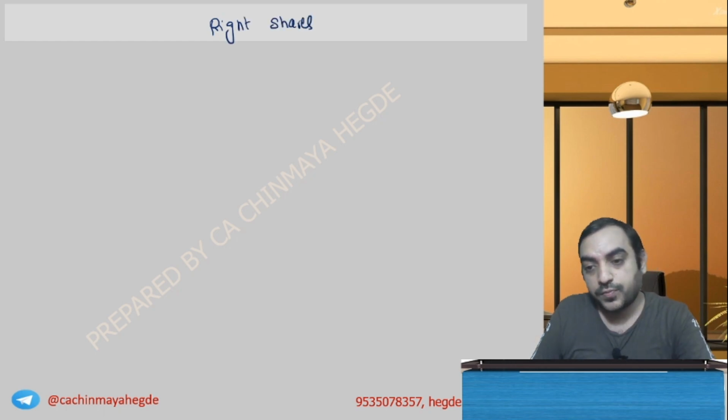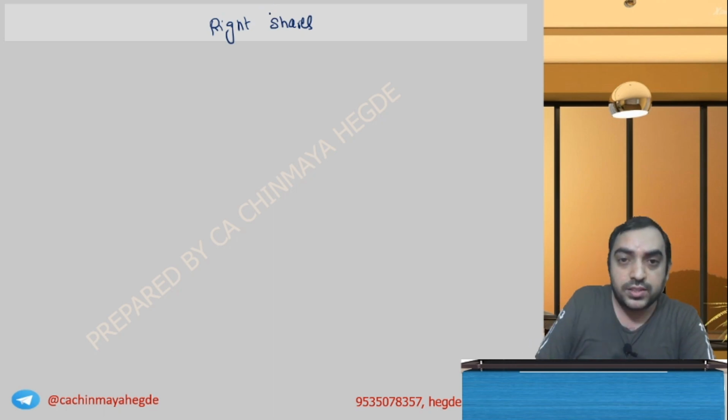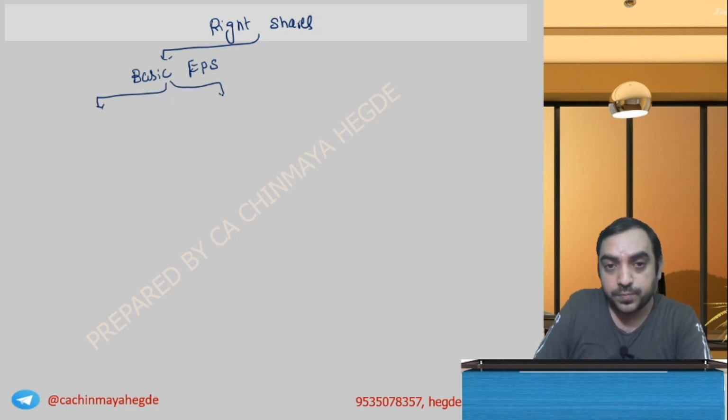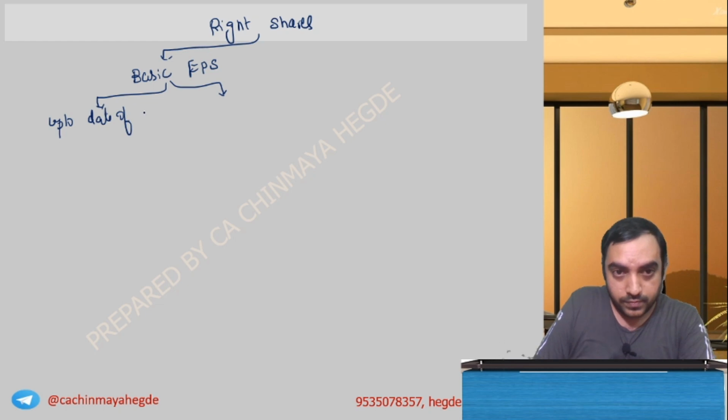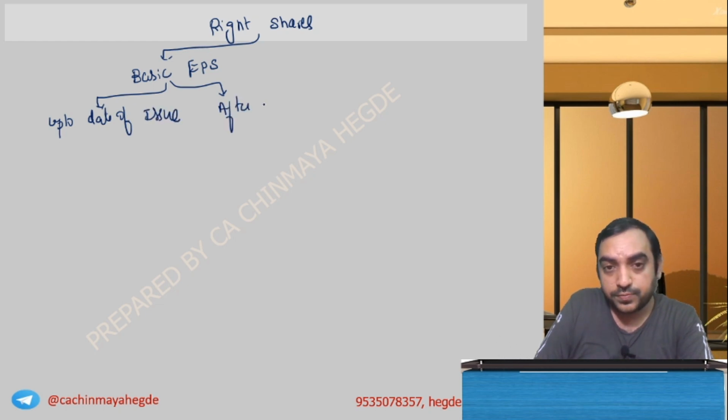Right shares. For basic EPS, if it is issued in the current year, we compute up to the date of right issue and after the date of right issue.